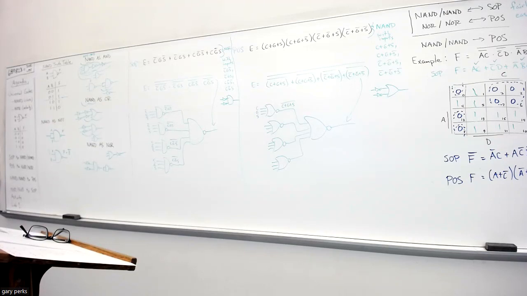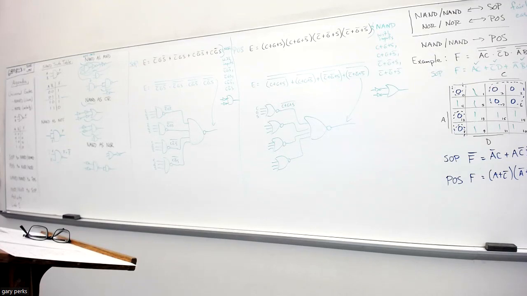Any ideas? 3, 7, 15, and 11. So this column here, these 4 in this column. And what did you say the term was going to be? CD, yeah, because it's in the C and D columns. So it's going to be CD.